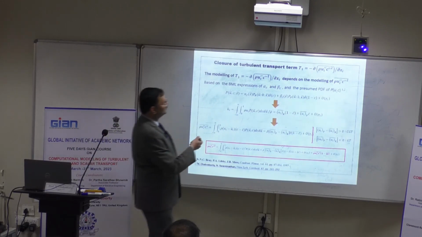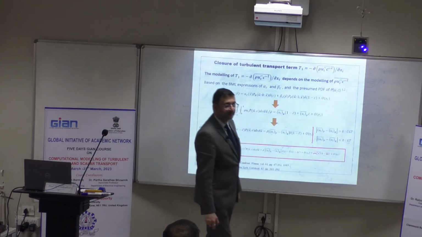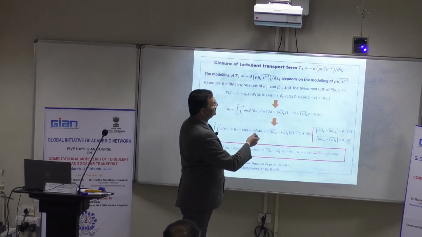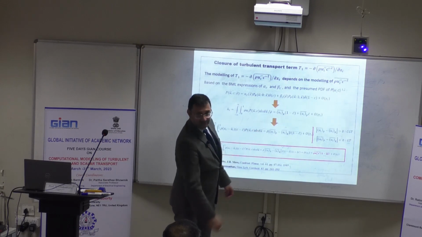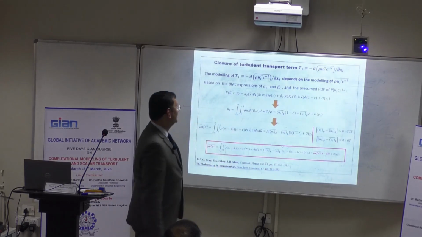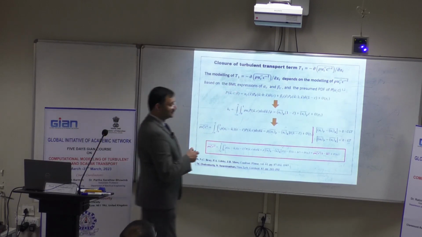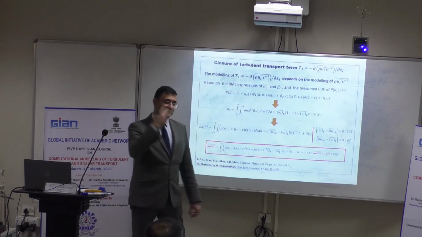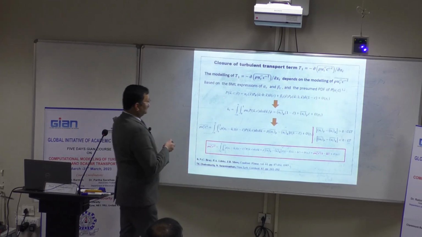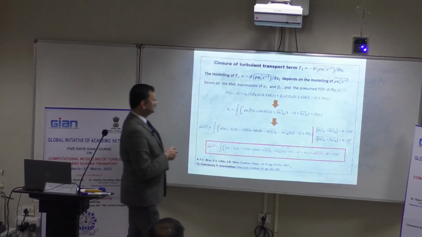So first I'll start with the turbulent transport, which is given by this. As you can clearly see, just looking at this term, the modeling actually depends on this quantity. If I can evaluate this quantity, I can evaluate the rest. Right? So, based on the Bray-Moss-Libby expressions of alpha C, beta C, which we talked about before, we can start with the presumed joint PDF of velocity and reaction progress variable.